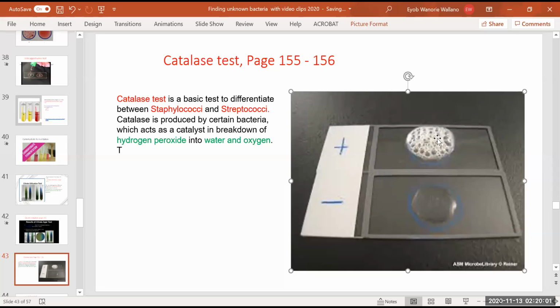Oxygen is the one which makes the bubbles. So hydrogen peroxide is broken down by catalase into water and oxygen. Which bacteria is it? It's staphylococcus. You differentiated staphylococcus and streptococcus. This is a non-molecular finding method. Very beautiful, really.